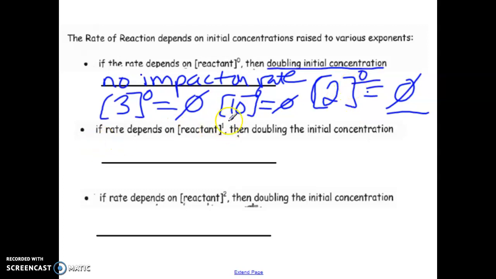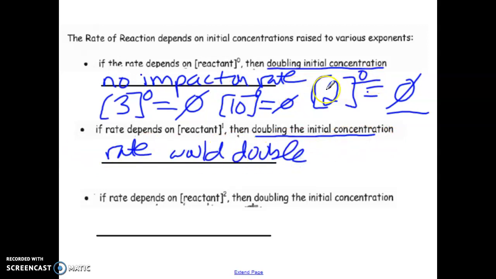If you have an exponent of 1, what that means is you essentially have a linear relationship. Whatever change you make to the concentration, the exact same change will happen to the rate. If we were to double the initial concentration, the rate would double. Same reasoning as above: if we double the concentration and the exponent is 1, anything to the exponent 1 is itself.